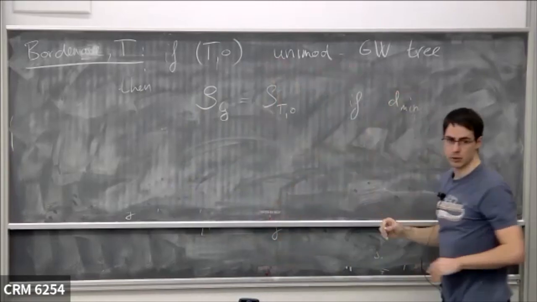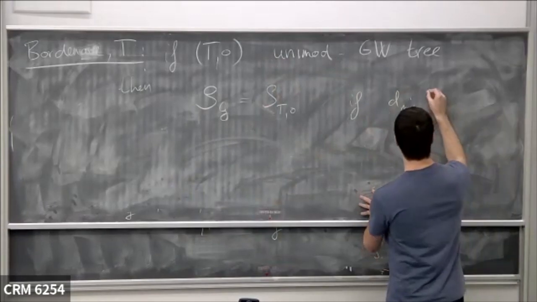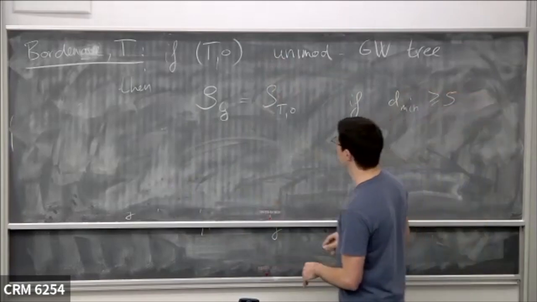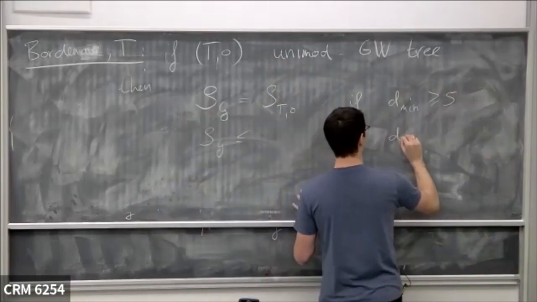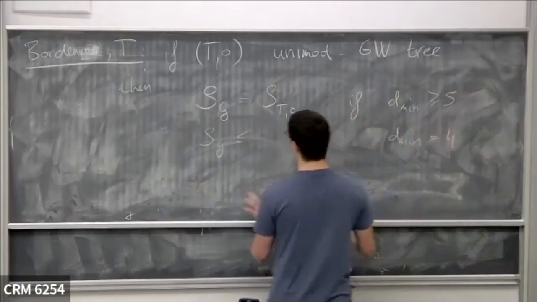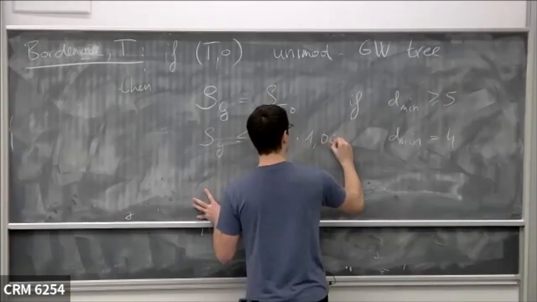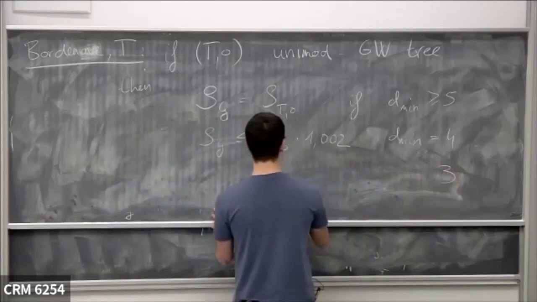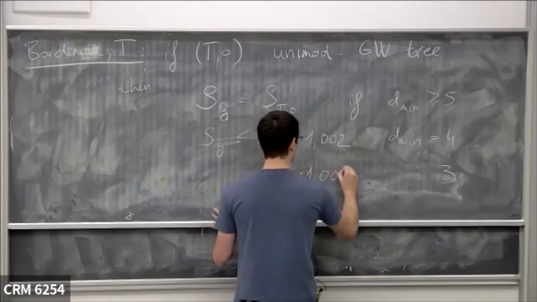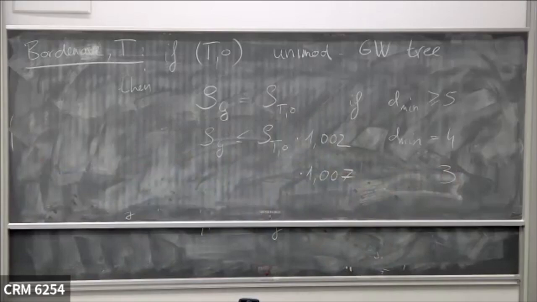I'll say in a second what unimodular Galton-Watson tree means, but it's a random tree. In case the minimum degree is equal to 4, we can show that it's almost true. There is a factor we lose, 1.002. And in case the min degree is equal to 3, then the factor is 1.007. So it's close, but not quite. But if the minimum degree is at least 5, then we're home.